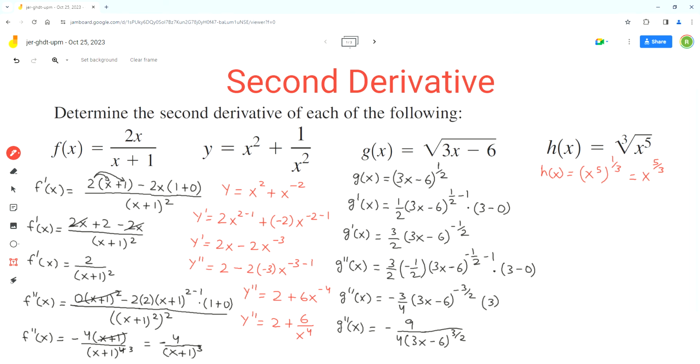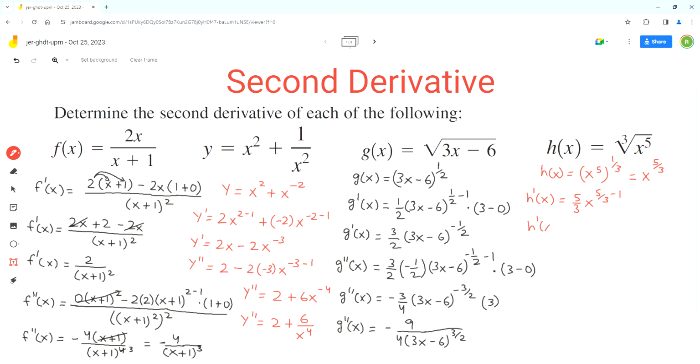So now we can find the first derivative. So h prime of x equals, so we'll start with the power rule. So we'll move the exponent 5 over 3 to the front and subtract 1 from the exponent. So now we can simplify this expression.